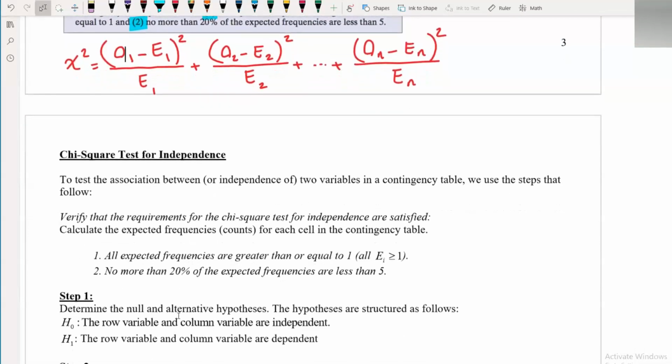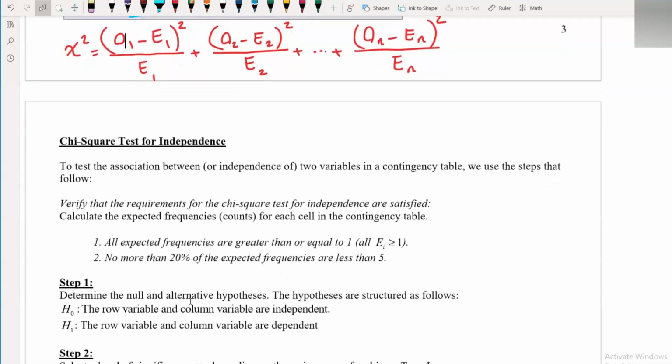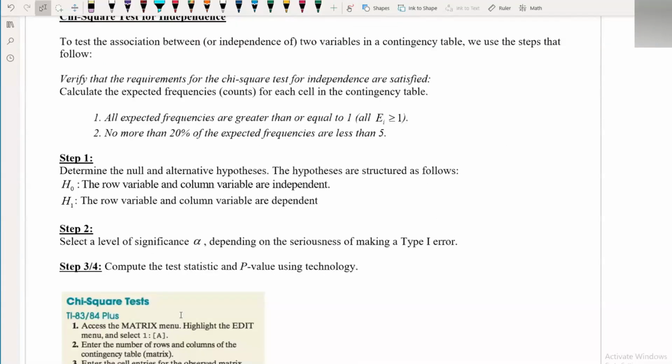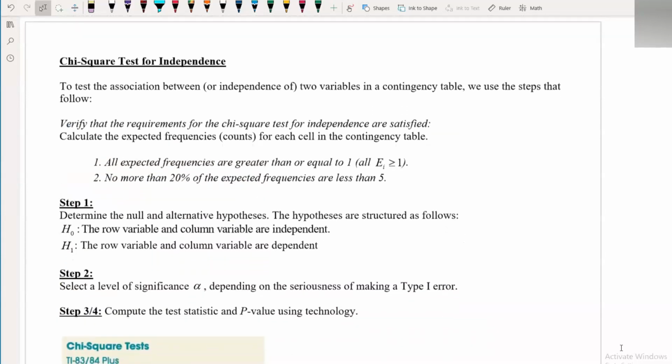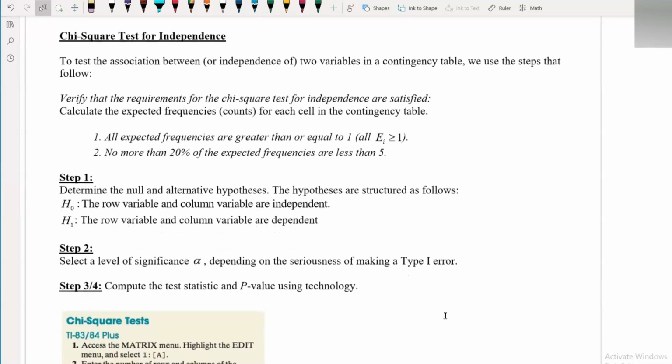Those are requirements that we should have before starting to test. So, chi-square test for independence. To test association between two variables, we have to use these steps. Again, we're going to have 6 steps. First, we should have these 2 requirements before starting these 6 steps. As always, first verify your requirements.